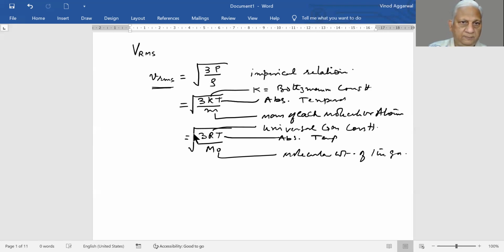This is all about VRMS, velocity which is root mean square, RMS in short.